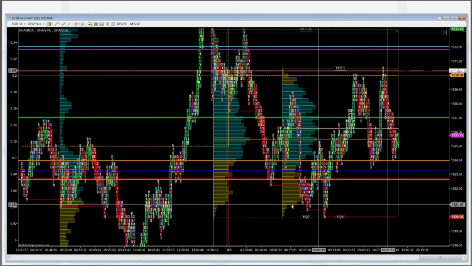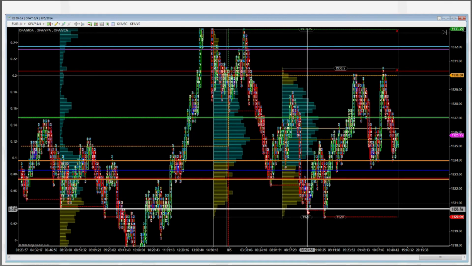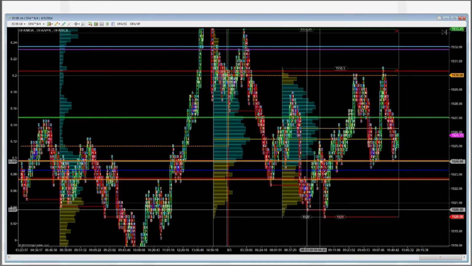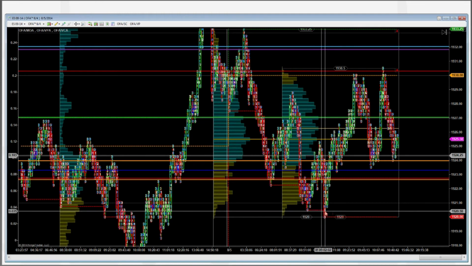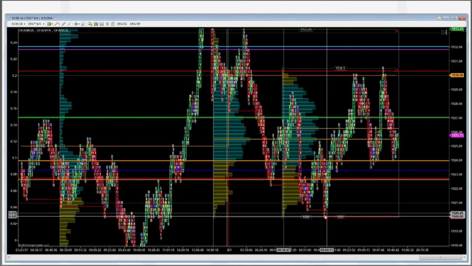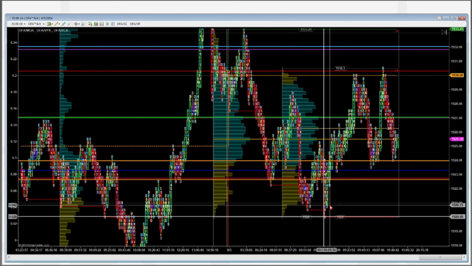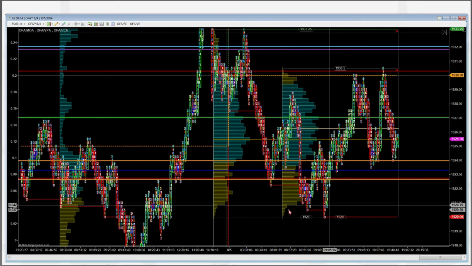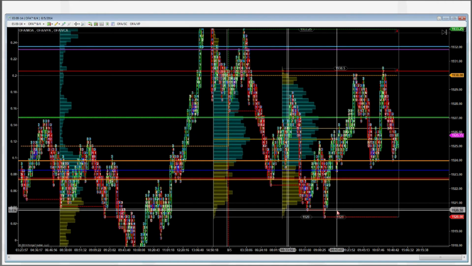Now, what likely happened here is this showed an unfinished auction at 2050, and when it moved back down, it quickly finished. We had responsive buying, and there was likely a decent trade. When you have that finish and you catch that trade, it's like catching a great wave.